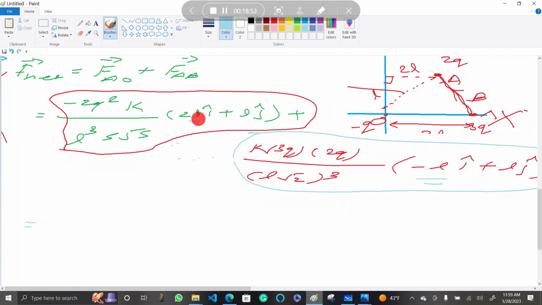So if I add this total, I can add the x component and the y component separately. If I add the x component, here is the minus L and here is the 2L. If I add these two, I can take the common part.